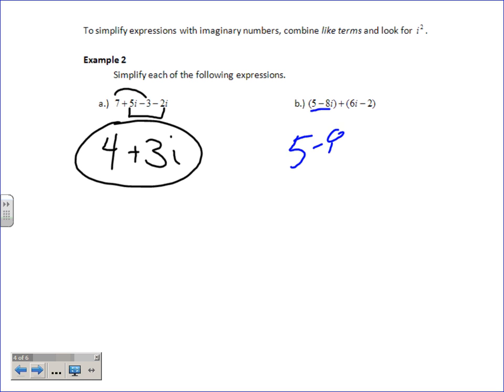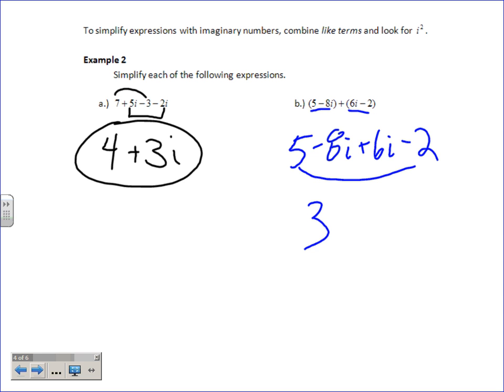No, I can't do anything in there. So there is absolutely no reason for those parentheses in that problem, other than me trying to trick you. Okay. So can I put the 5 and the 6i together? No, I can't combine that, but I can put the 5 and the -2 together. That's 3.